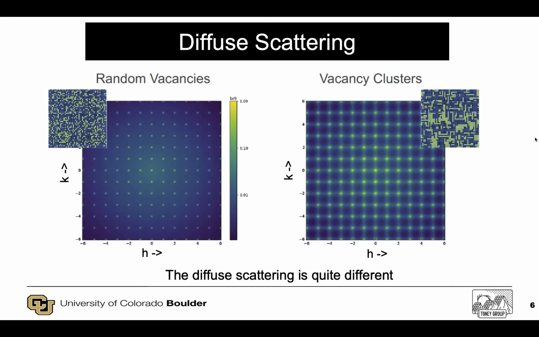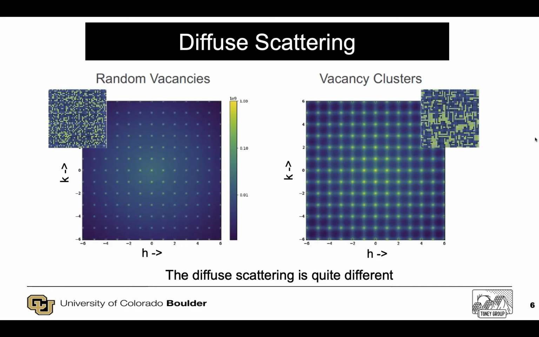And then on the right side, we see two things. You see the dots here, which are not at the Bragg positions, and that's due to these small regions where vacancies are placed in a cluster.